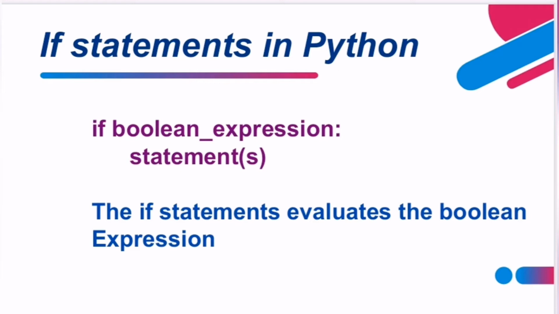In Python, indentation is used to define a block of code, so the body of the if statement is also determined through indentation. So in this statement, if will check the Boolean expression, and if it is true, the statement will execute.